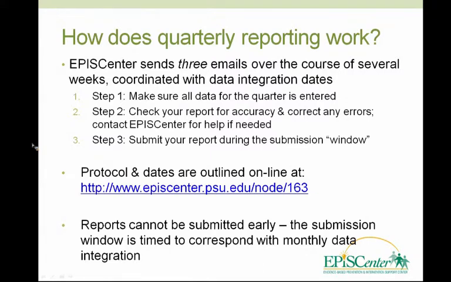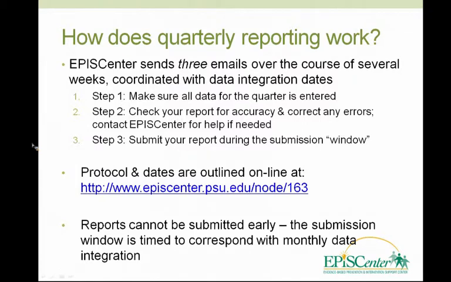A great example is the one I mentioned before with the provider who was getting that their average youth was negative 21 years old. They run their report here in step 2. Okay, something's off. It's showing our average age is negative 21. What's going on? We figure out the problem: you've got one kid whose date of birth is wrong. So now they go in and fix that in the EWS.